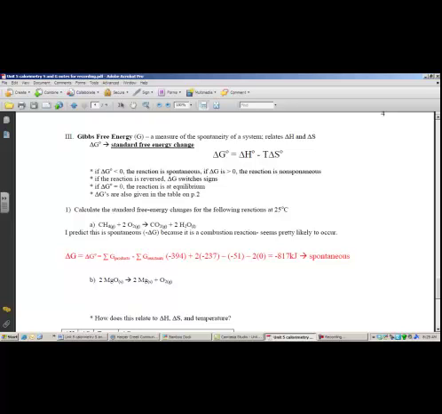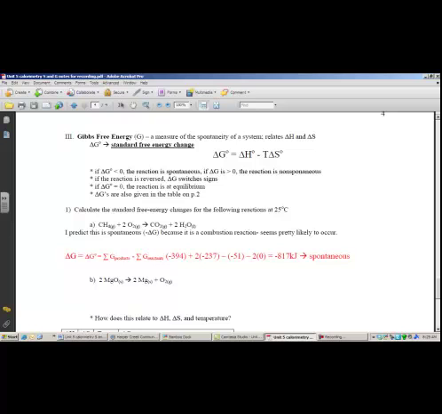Now, another term for Gibbs free energy, the reason why it's called free energy, it's the energy to do work. So, we're looking for a negative delta G, and that defines the system as being spontaneous. The reason why it's a negative sign is because it's work being done by the system on the surroundings.